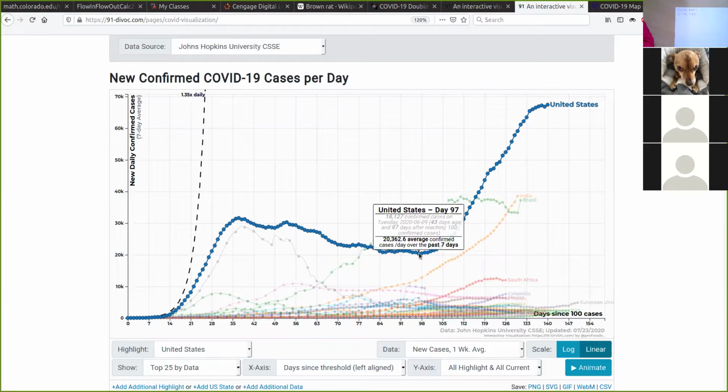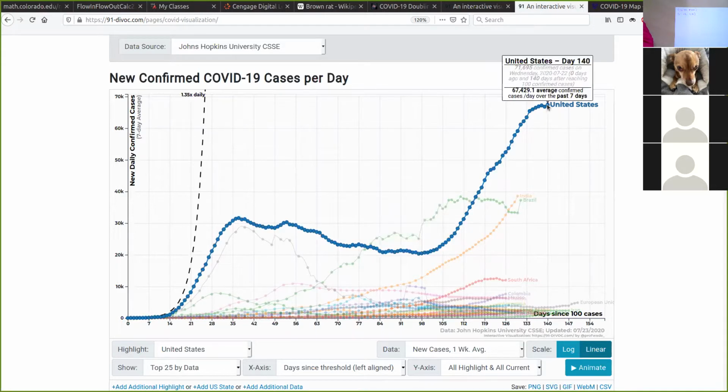So 6/9 was day 97 versus today is day 141. And I think that should be good enough.